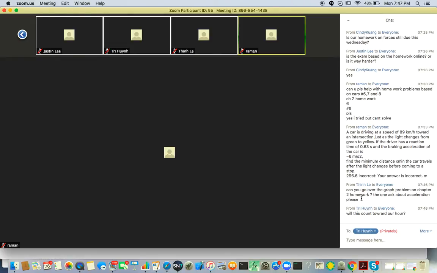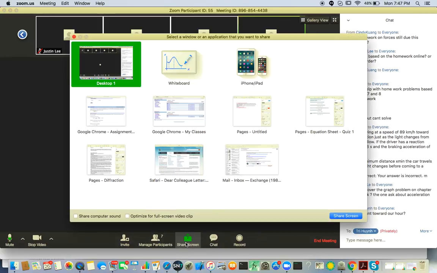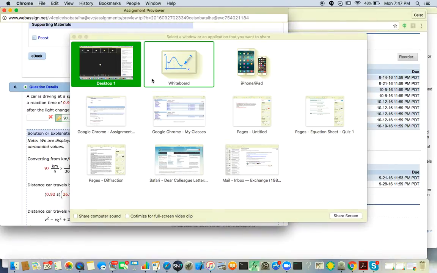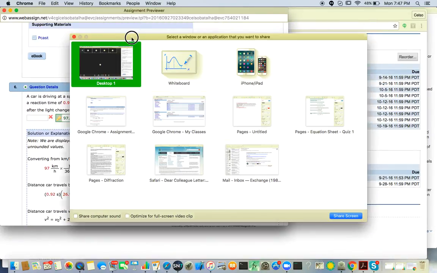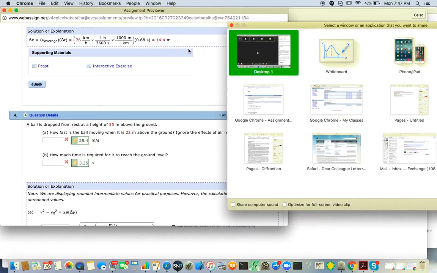Can you go over the graph problem on chapter 2 homework? The one that asked about acceleration, please. Let me see. I think I have to go first and find the problem. Chapter 2.